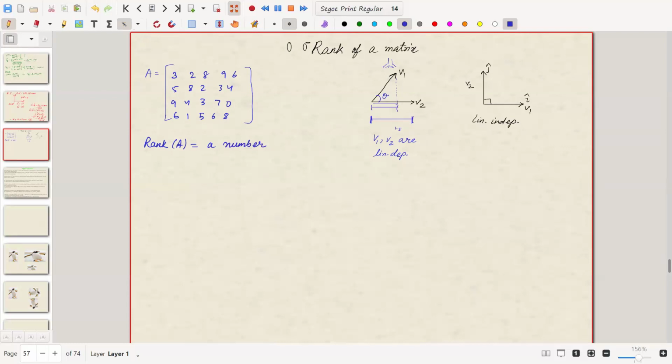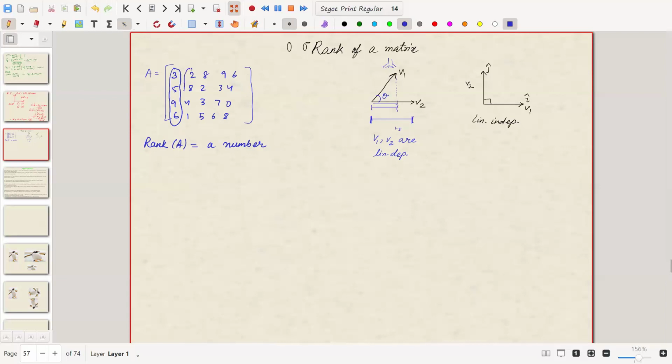And as I defined just now, the rank of a matrix is equal to the number of linearly independent rows or the number of linearly independent columns of the matrix. So here, let us see the columns. You can think of these columns as vectors. This matrix A is made up of 5 columns or 5 vectors.